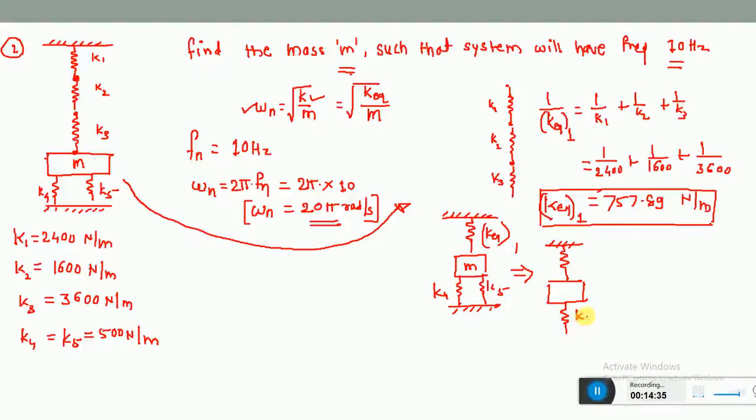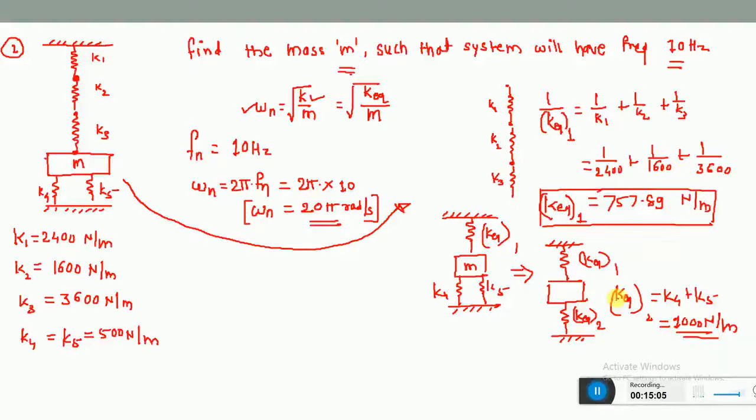So this is the K equivalent for the parallel arrangement. So this is K equivalent 2, and this is K equivalent 1. So K equivalent 2 we can write as K4 plus K5, as this is a parallel arrangement. K4 and K5 are each 500, so we will write this directly as 1000 Newton per meter.